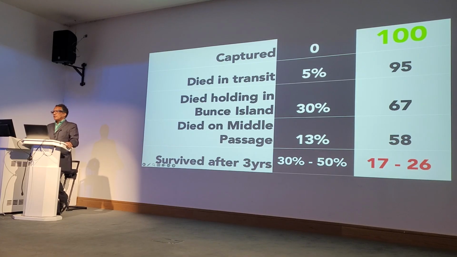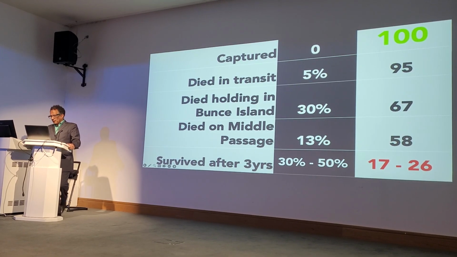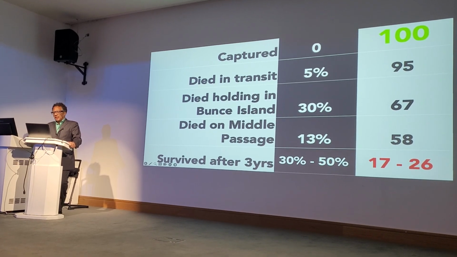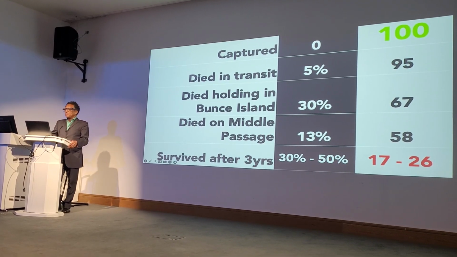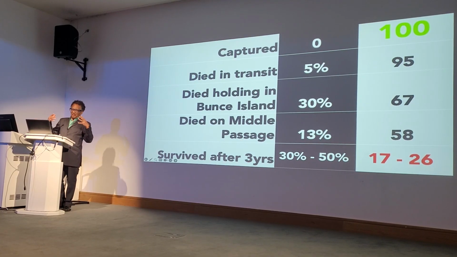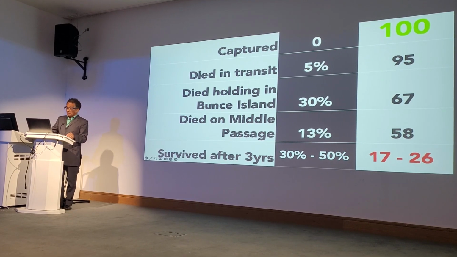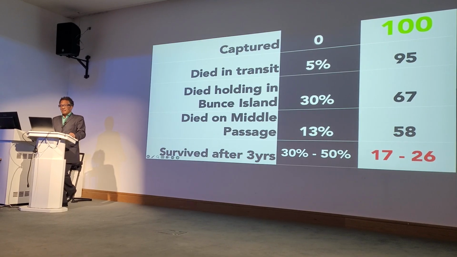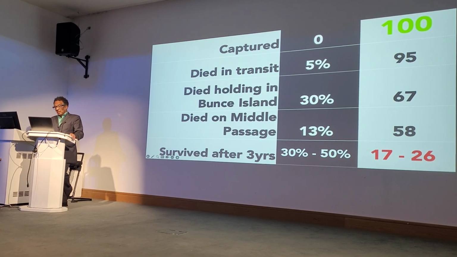The example here is Bunce Island, an island off Africa, Sierra Leone, where they would hold the enslaved in ships, sometimes up to three months, while they were collecting enough to make a voyage worthwhile. Up to 30% would die without crossing the Atlantic.